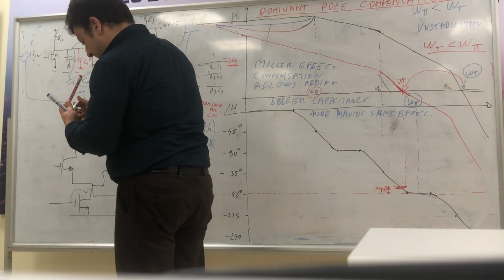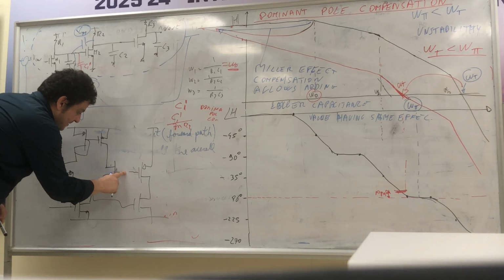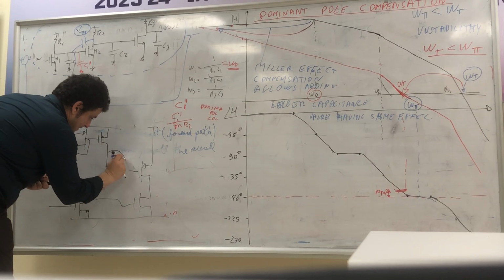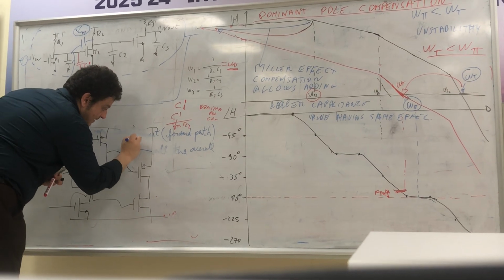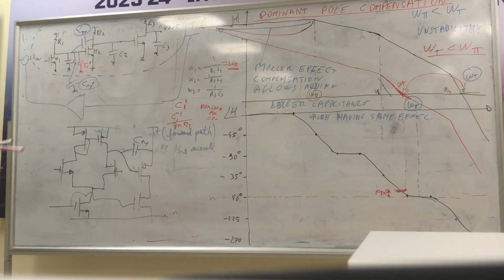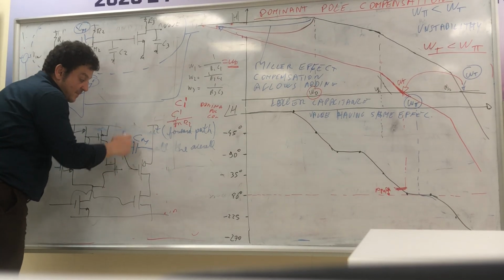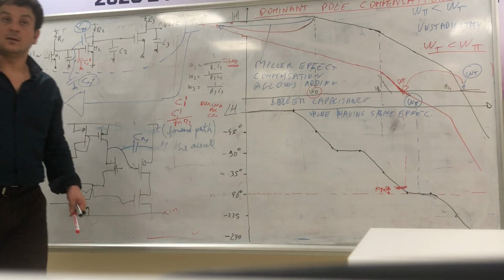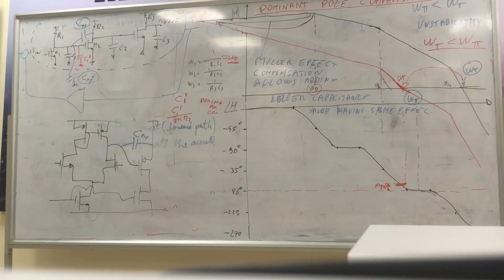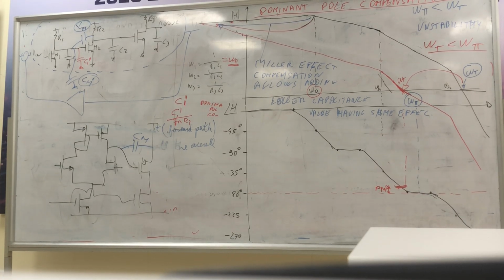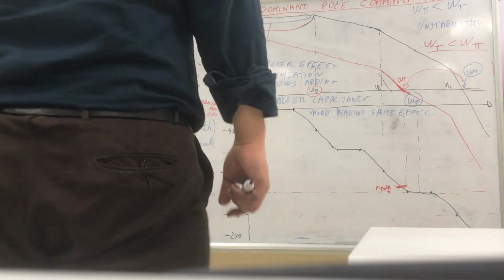Actually, what we do is add here the Miller capacitance. Okay, this is a common source stage. So what we do is place this to adjust the pole, to have a Miller effect compensation. Adjust the pole to let my system be more stable. And with this, that's all with stability.